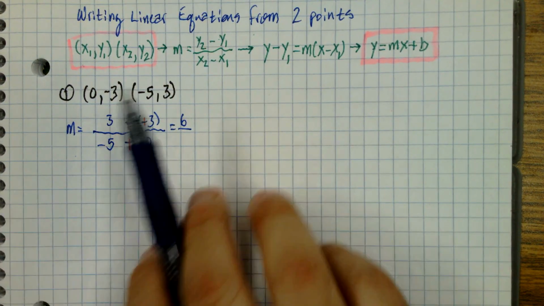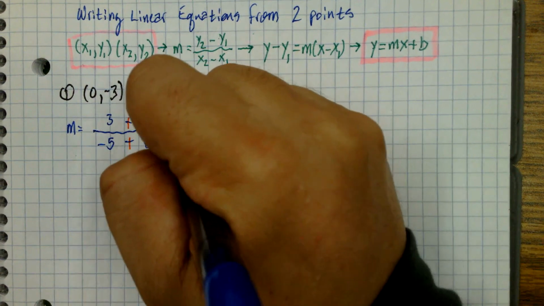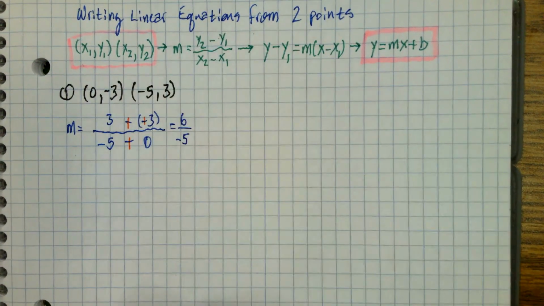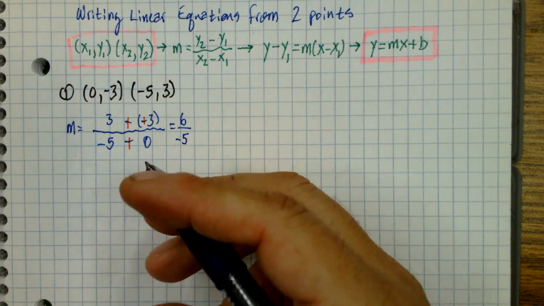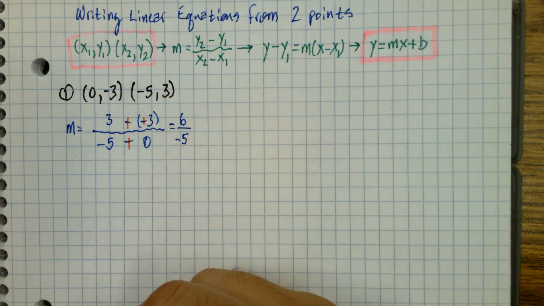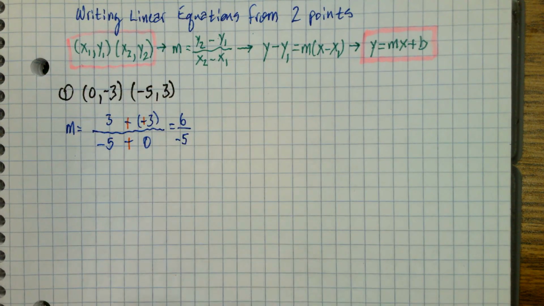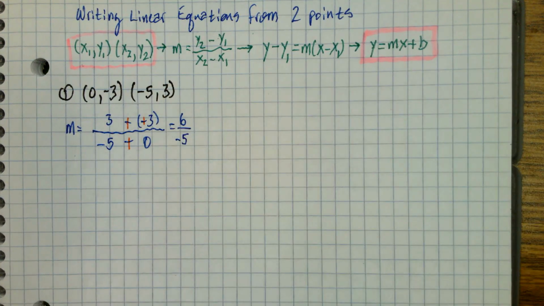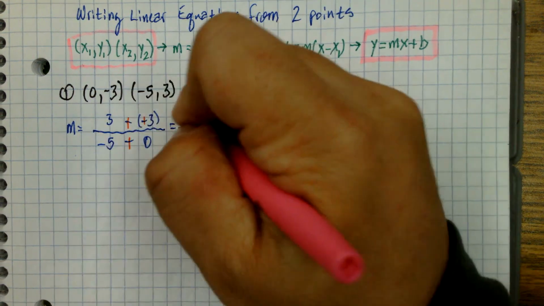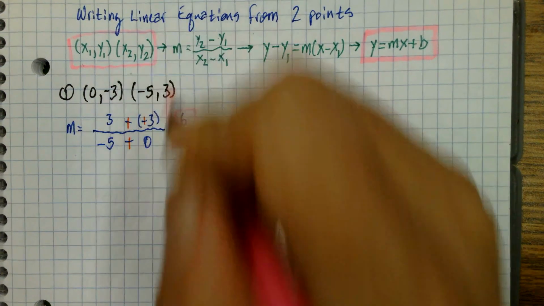So basically, I have -5 plus 0. That's -5. Okay, so I have an ugly slope: 6 over -5, right? It's not very nice to work with, but I have an advantage.